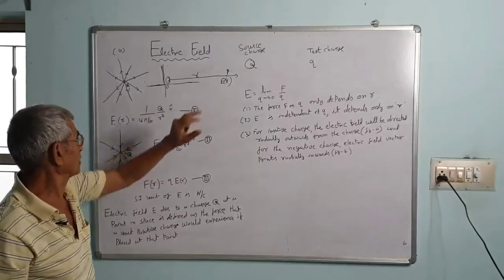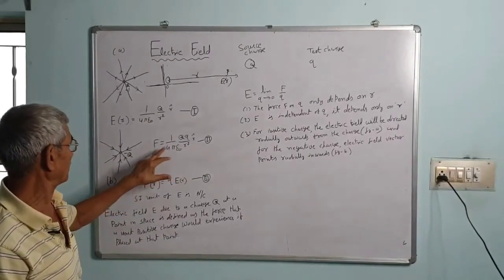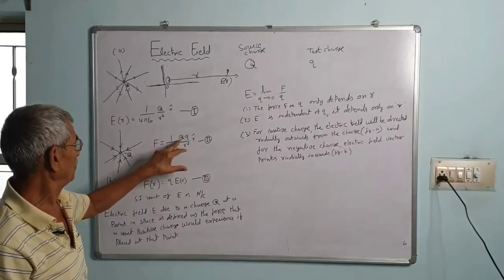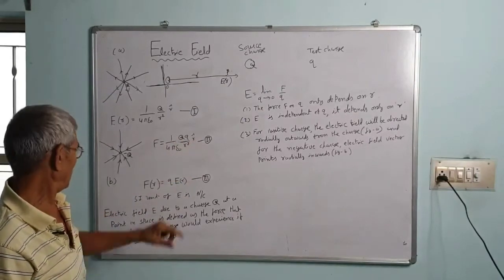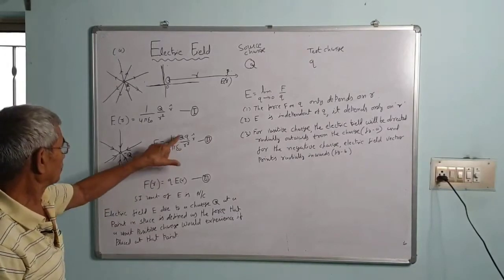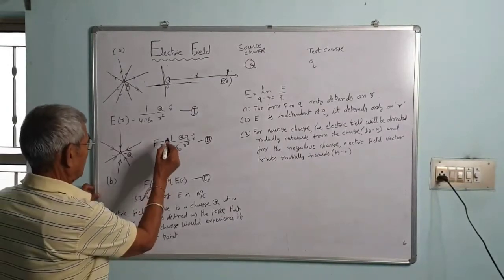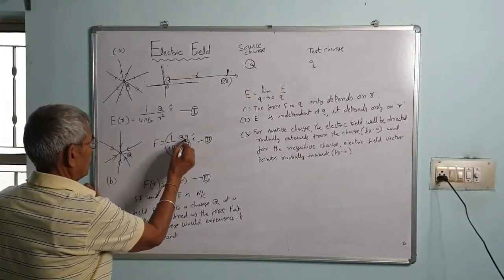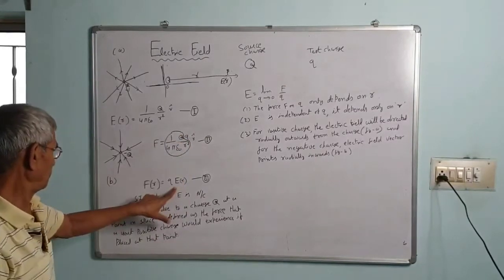Now, if we place the charge q, it experiences a force, that is F is equal to 1 upon 4 pi epsilon 0 q Q upon r square r unit vector. This could be written as q times E at r.